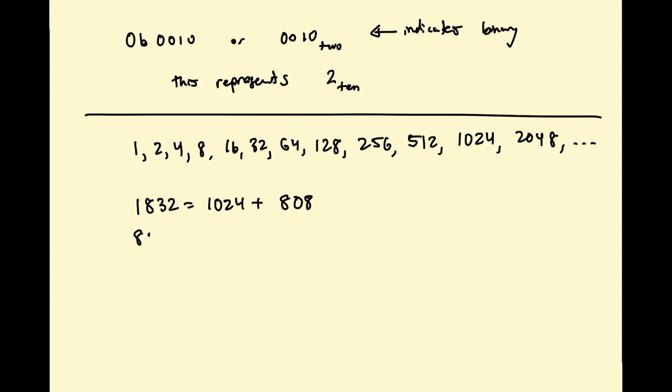Okay, so 808, how many 512s, the next smallest power of 2, can I fit into it? 1. And you'll notice that you can never do more than one of them. If you have 2 or more, that means you're not using a big enough power. And what's the remainder this time? 296.